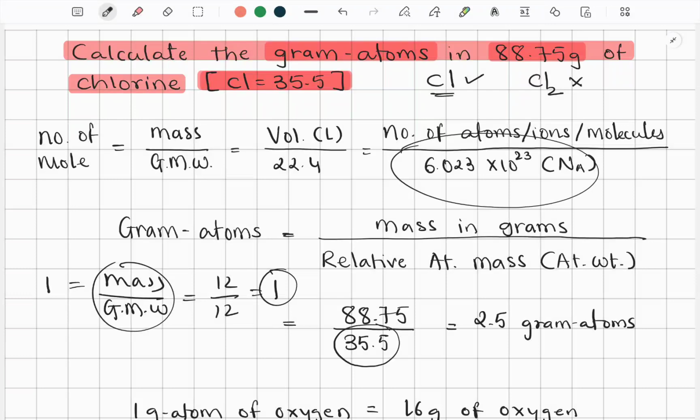The relation is that 1 gram atom has the same relation as 1 mole, but only for atoms. And 1 mole is equal to 6.022 into 10 raised to 23 particles, containing atoms, ions, molecules, compounds, anything. I hope you got this.